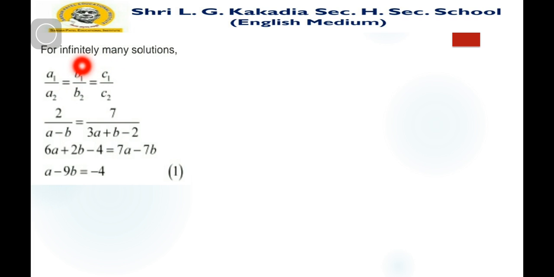Now we compare any two ratios. First we take a1 by a2 equal to c1 by c2, so 2 by a minus b and 7 by 3a plus b minus 2. Then we cross multiply by 3a plus b minus 2.